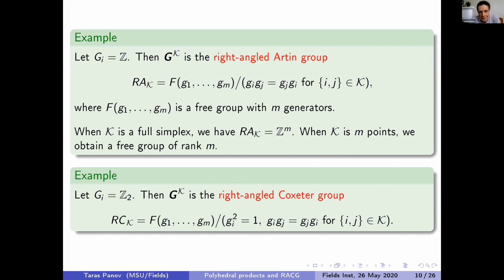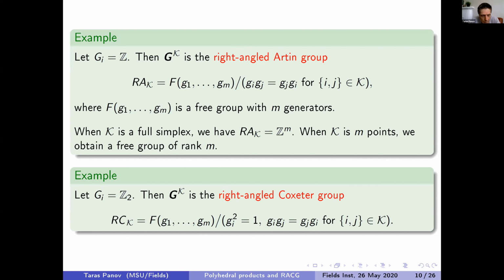They correspond to the case when you have right angles between the reflecting hyperplanes, and therefore they're called right angled Coxeter groups. And this right angled in right angled Artin groups just came from this Coxeter setting. Okay, so these are two examples, but there are many more.